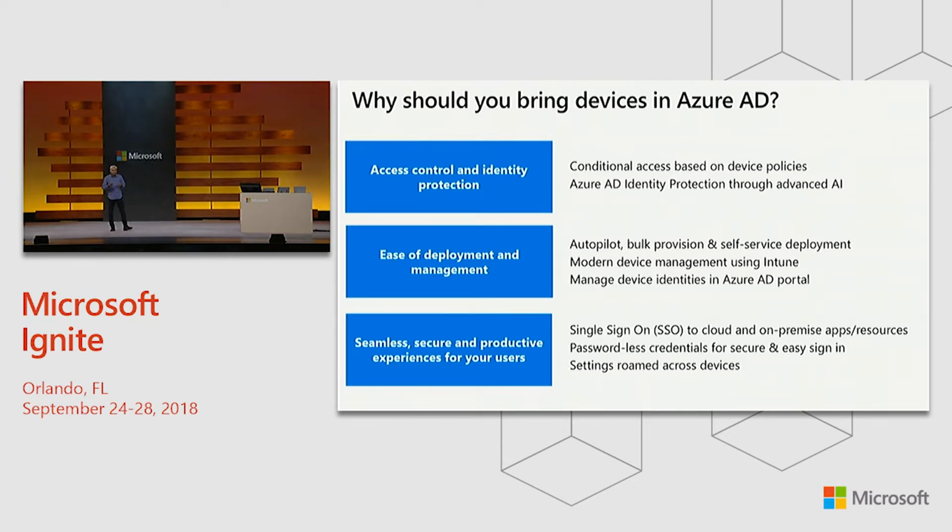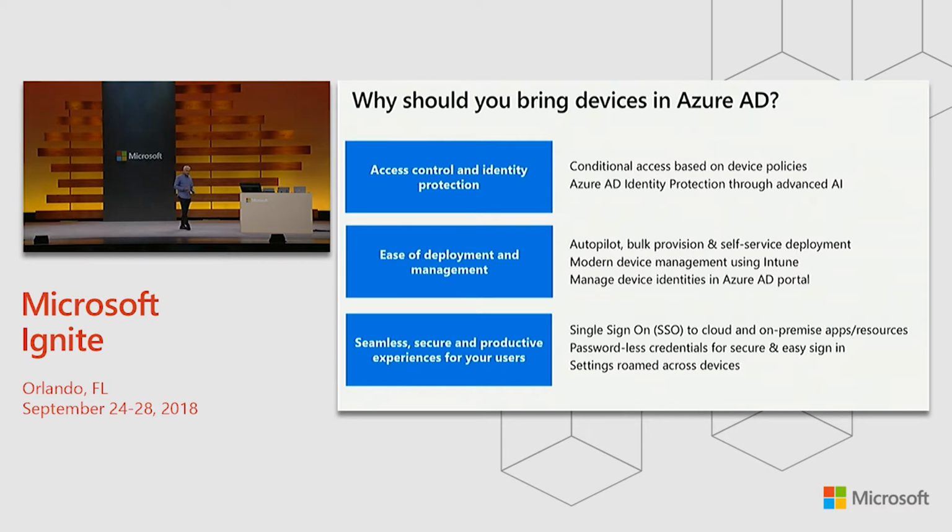Then there are also things around managing these devices once they have been deployed. The best alternative we have here is our unified endpoint management platform in the form of Intune. We also have certain capabilities in our Azure AD portal to help you manage device identities, like managing the life cycle and seeing which devices you need to disable, delete, and so forth.